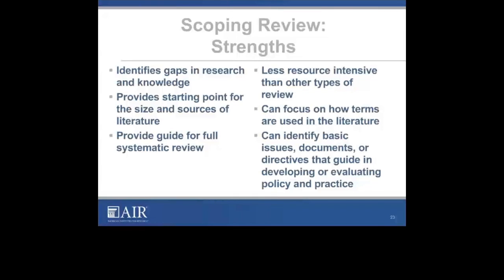But certainly the idea of gaps in the research and knowledge is a major issue. It gives us a starting point, not only for sources, the size of the literature, the questions, the issues, what has been tried, and in some cases what has not worked well, and in others what's worked very well, often on a smaller scale, one or two studies.